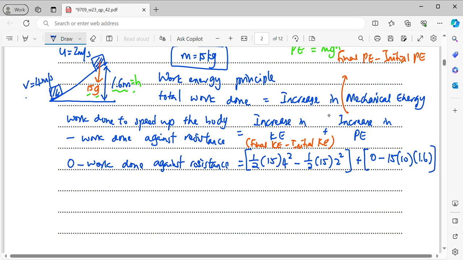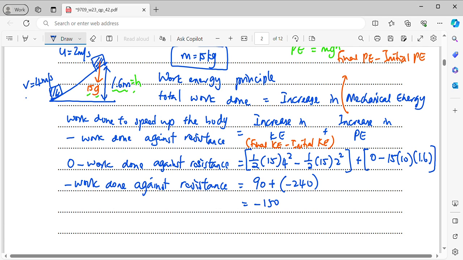Now for the left hand side, I will get minus work done against resistance. When I calculate the first bracket here, it will be 90. Then plus the second bracket is going to be negative 240. Then from here, you will be getting negative 150.